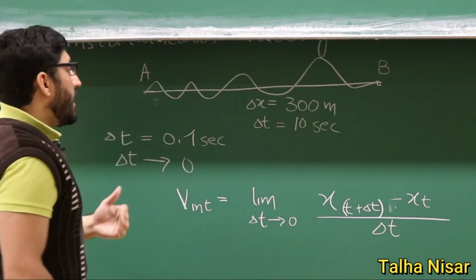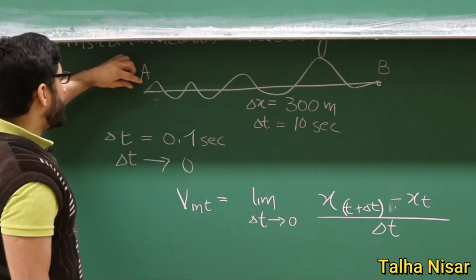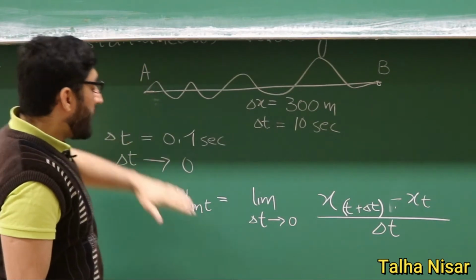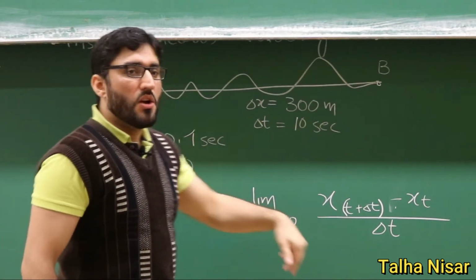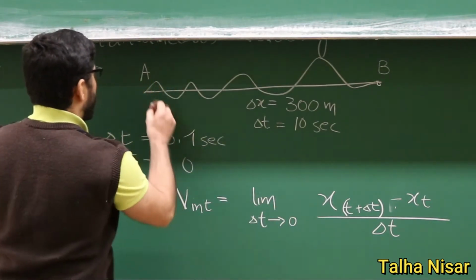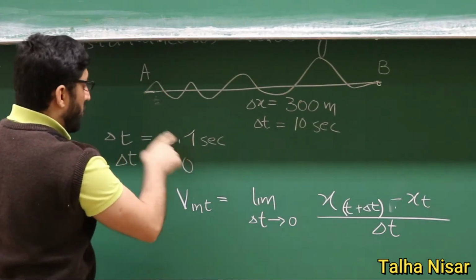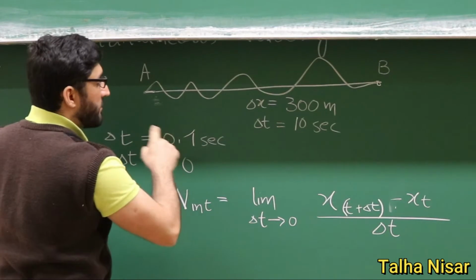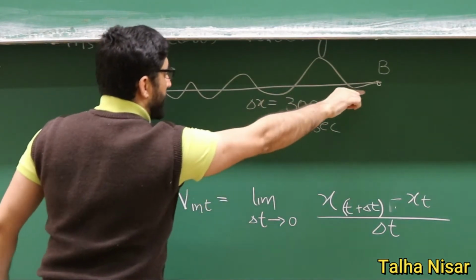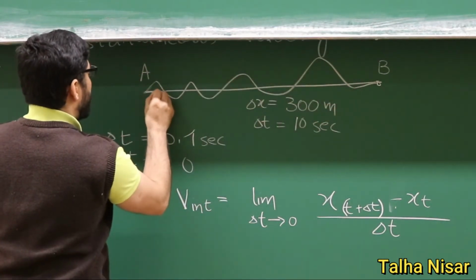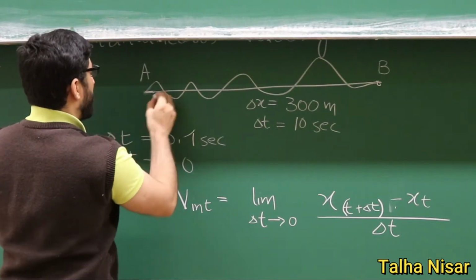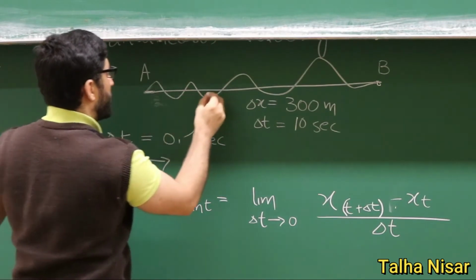It means that the velocity calculated using this equation will be at each and every point. For example, if it's a smaller time, for example, 0.1 second, it's very much smaller than the total time that it takes. So it will give us the velocity at this moment in time, and also small positions here.